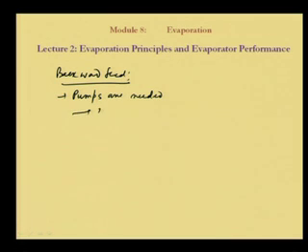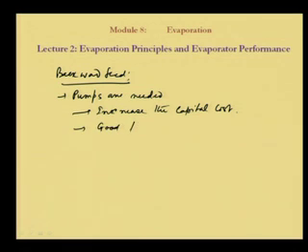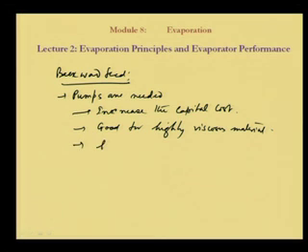This will increase the capital cost. But it is good for highly viscous material, and not only that, a high heat transfer coefficient can be obtained.